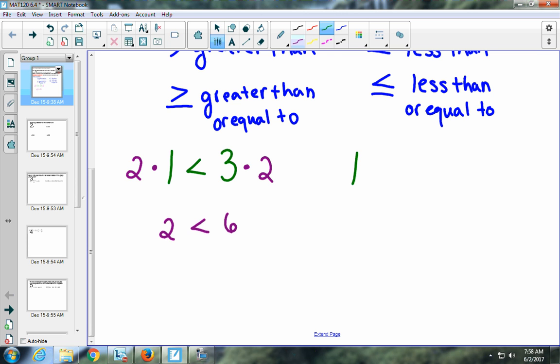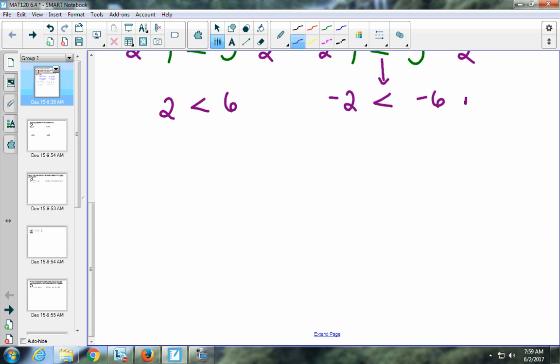So say I start with that same statement. 1 is less than 3. But this time, I multiply both sides by negative 2. If I do that, negative 2 times 1 gives me negative 2, and 3 times negative 2 gives me negative 6. If I just bring down my less than symbol, I end up with a statement that is false.